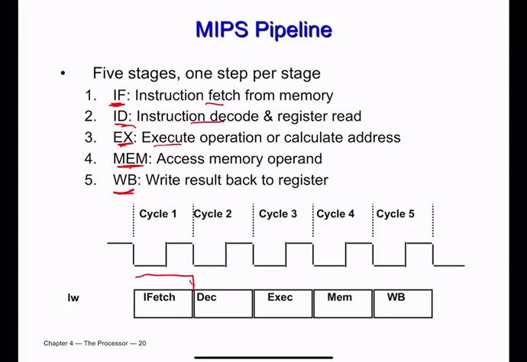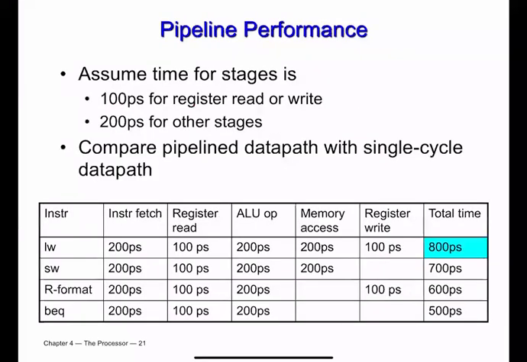So this is, for instance, like the washing, dryer, and so on. This is the next one, and each one of these takes a certain clock cycle. So this is clock cycle, clock cycle, clock cycle, and so on and so forth.